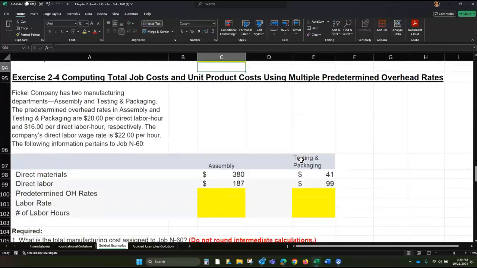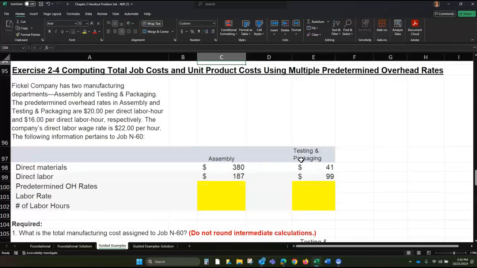All right. Let's take a look at exercise 2-4. We got Fickle Company. It has 2 manufacturing departments: assembly, and testing and packaging. The predetermined overhead rates in assembly and testing and packaging are $20 per direct labor hour and $16 per direct labor hour. So again, predetermined overhead rates. Let's grab those real quick as we're working through.